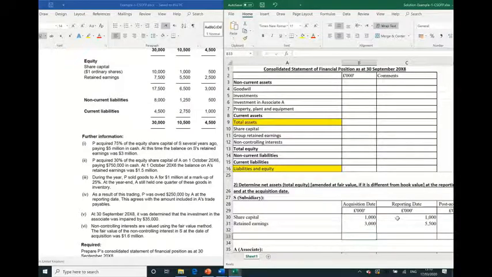Okay, and this is the information that we need to work out the net assets at acquisition date and at reporting date, because we don't have any additional information about fair value adjustment. So there is no fair value adjustment. In this case, we assume that the fair value of the assets and the liability of the subsidiary are equivalent to their book value.